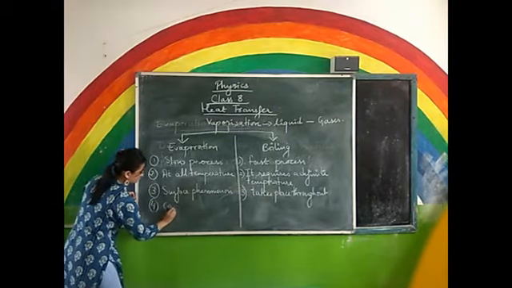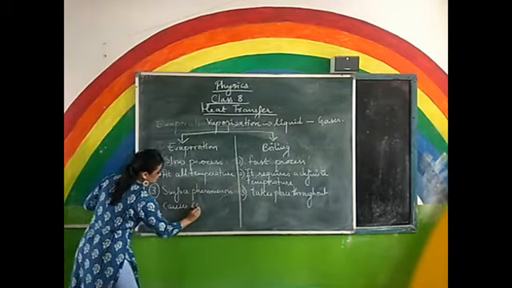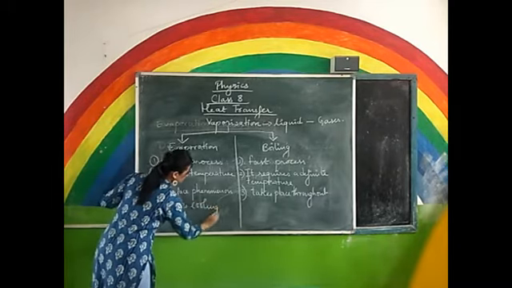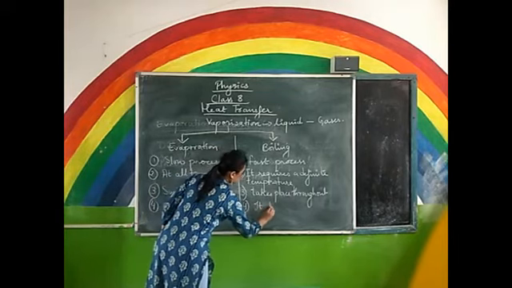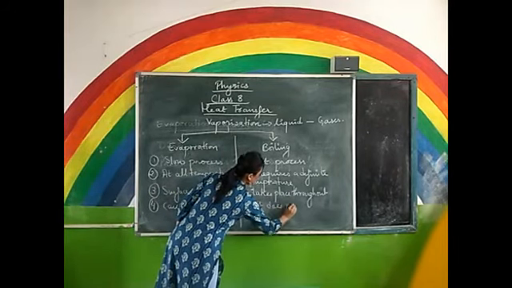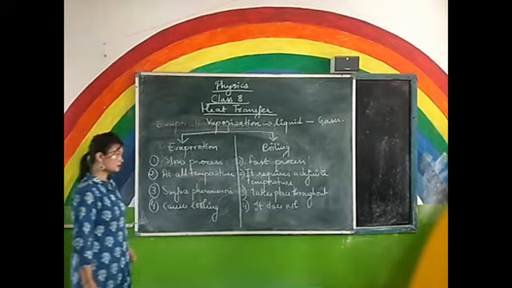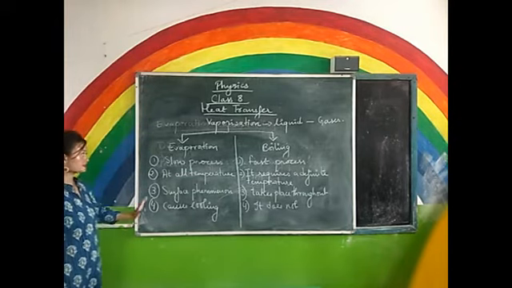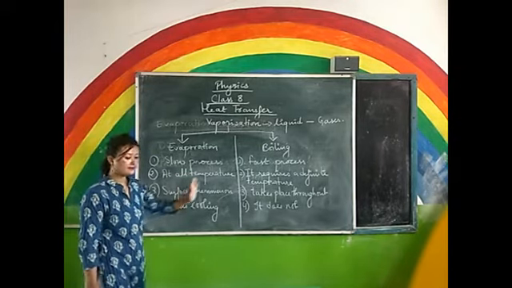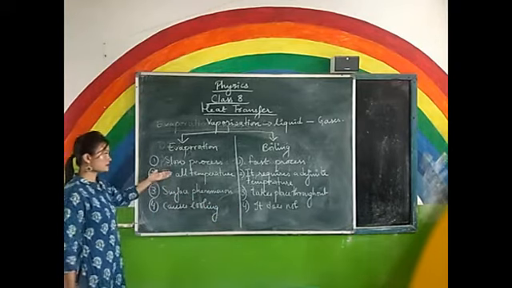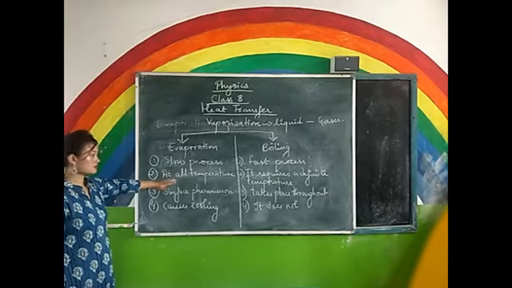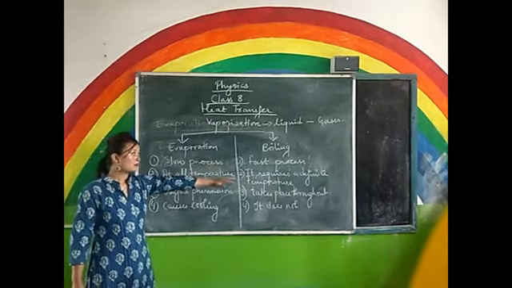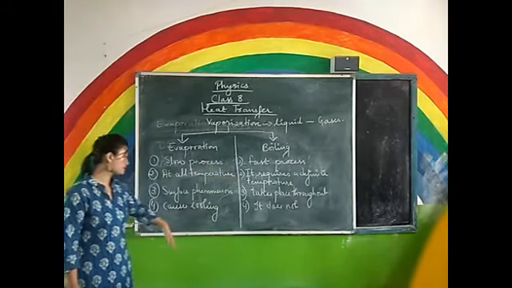Evaporation causes cooling. Boiling does not cause cooling. So these are the differences that we know about evaporation and boiling. Evaporation is a slow process, boiling is a fast process. Evaporation takes place at all temperatures, boiling requires a definite temperature.